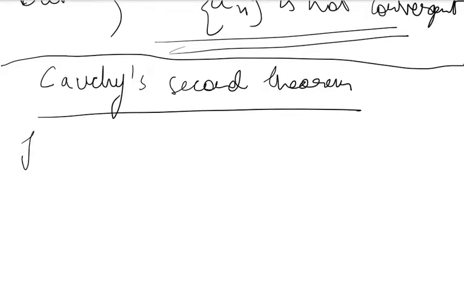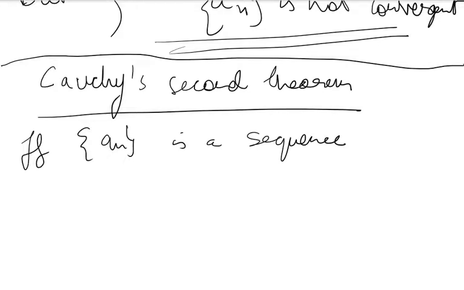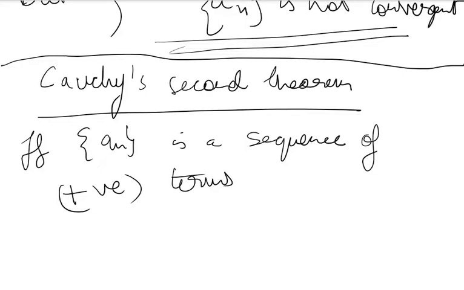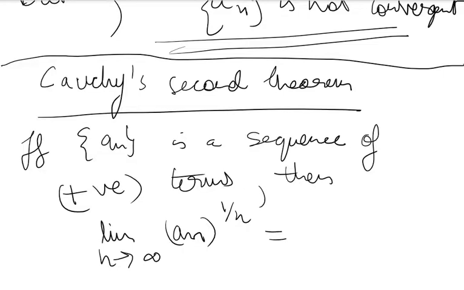It says that if an is a sequence of positive terms, then limit n tends to infinity an to the power 1 by n is equal to limit n tends to infinity an plus 1 divided by an, provided that the limit does exist at the right hand side.